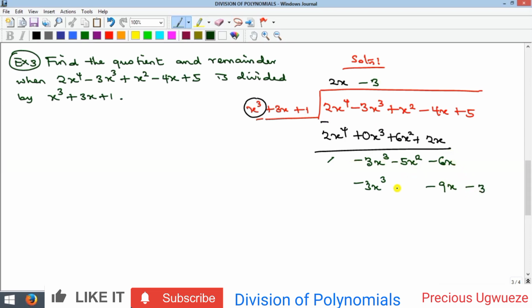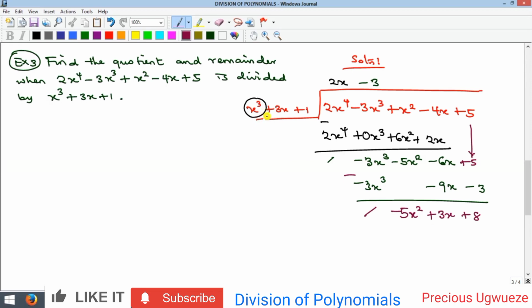And that means you also have 0 here. And so we can subtract at this point, and if we do that, this is going to give us 0. So we are just bringing down our minus 5x squared, and then here minus 6 minus minus 9 is going to give us 3x, and then we'll bring down our 5, and then 5 minus minus 3 will simply give us 8. And then can we divide again?